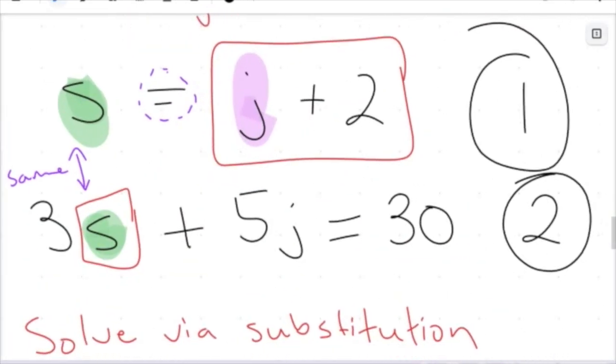Now, which of these equations do you think is going to be easier to substitute the price of juice into? Well, I don't know about you, but this one down here looks very annoying to do, and it looks like we're going to have a lot of steps. So equation 1 will be a lot easier because we can just substitute the J straight in.